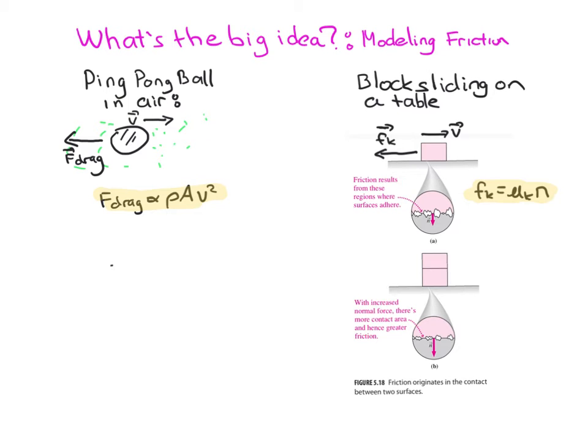This is a very complicated situation, and yet Wolfson proposes a very simple model for modeling the magnitude of this frictional force. He proposes that it is proportional to some dimensionless constant mu sub k, which depends on the nature of the surfaces involved, and then the magnitude of the contact force, the normal force rather, the magnitude of the force between the blocks that points in the direction perpendicular to the surfaces.